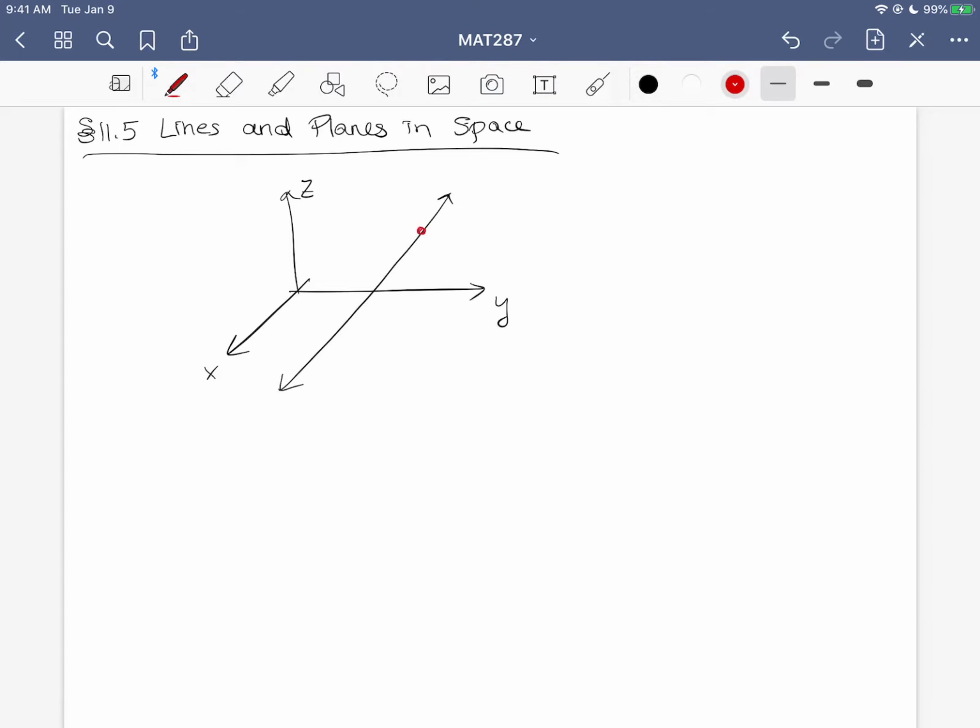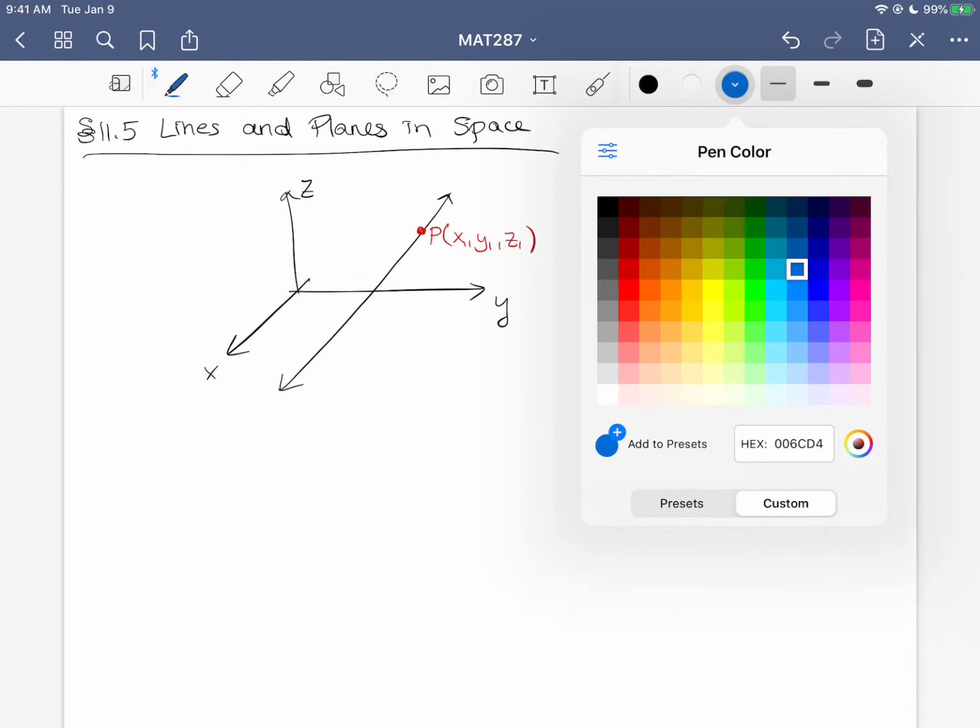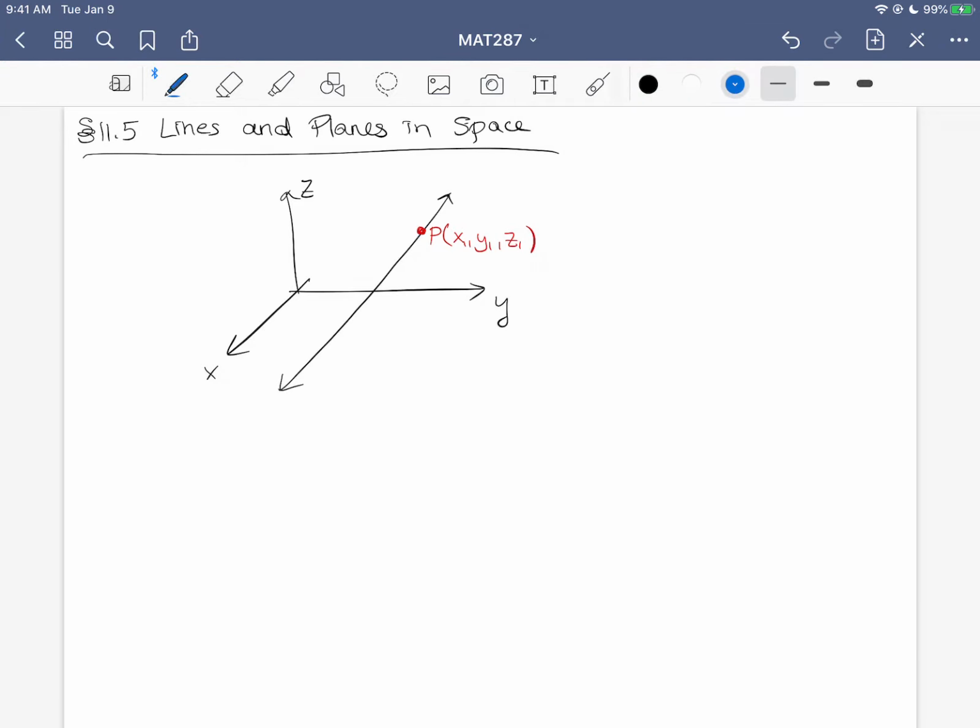That goes through some point P, let's call it x1, y1, z1, and is in the direction of some vector, so parallel to some vector v, and let's call that ABC.